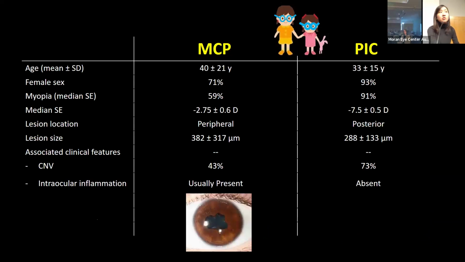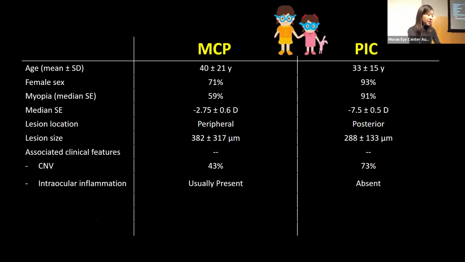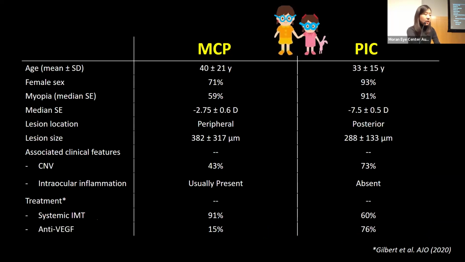And importantly, intraocular inflammation is often present in multifocal choroiditis, but absent in PIC. Treatment with systemic IMT is often used in multifocal choroiditis, and anti-VEGF is used if there is CNVM, which is often the case in PIC.